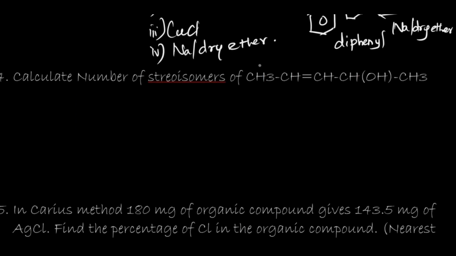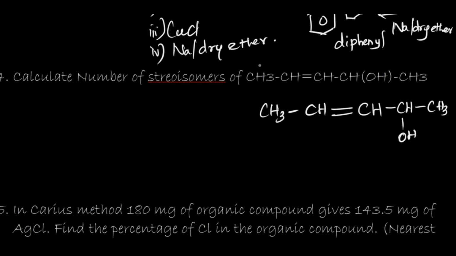Calculate the number of stereoisomers for CH3, CH double bond CH, CHOH, CH3. Okay, how many chiral centers are here? Let me write it in this way. So how many chiral centers are here? This is a chiral center, is it?